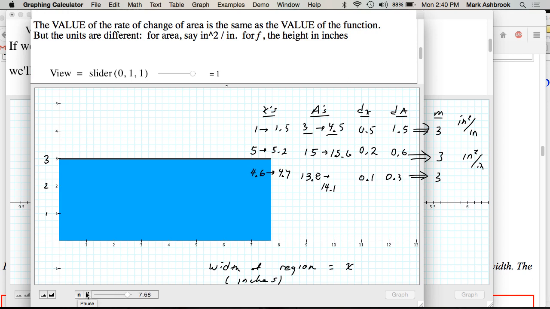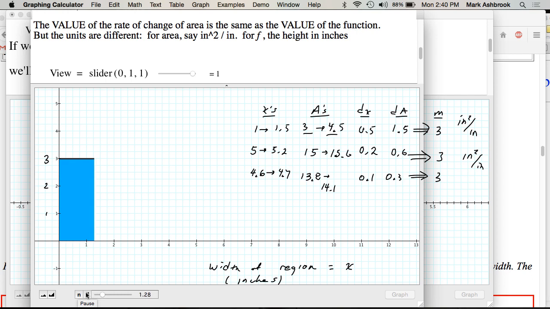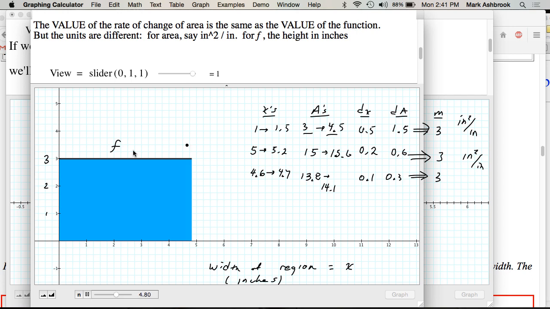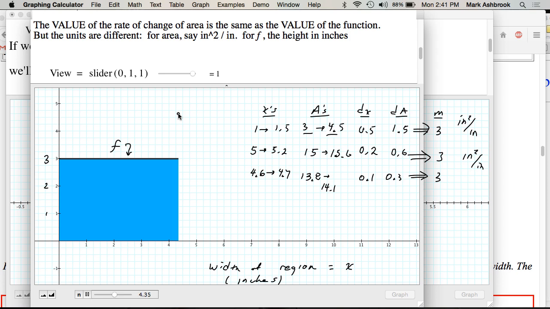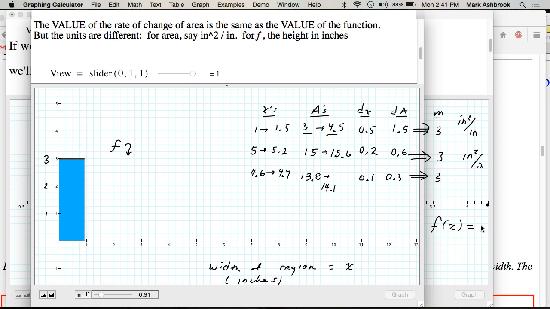Okay, so now I'm saying let's make the top of that blue region a function f. And so what do you notice? We said that this area is increasing at what rate? 3 inches squared per inch. What do you notice about the function f? What is f of x? f of x equals 3.